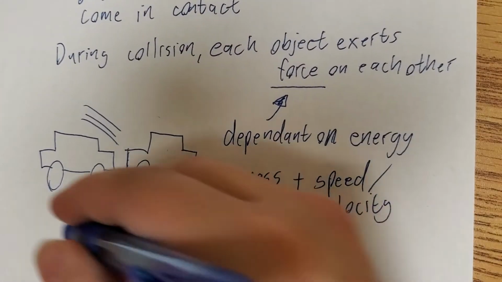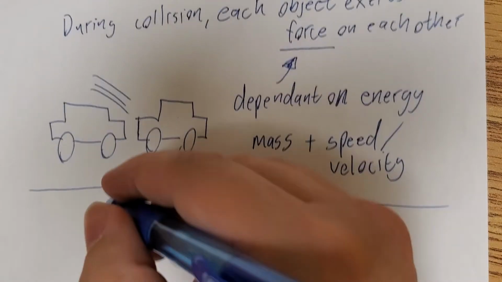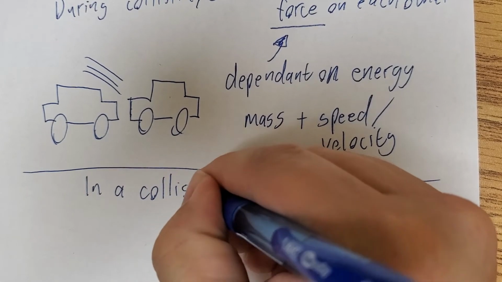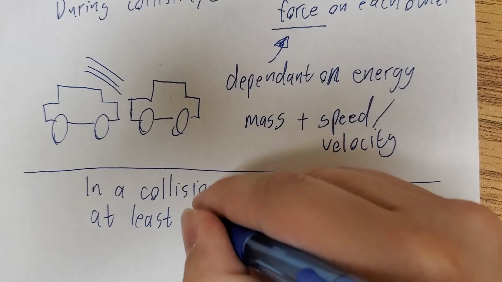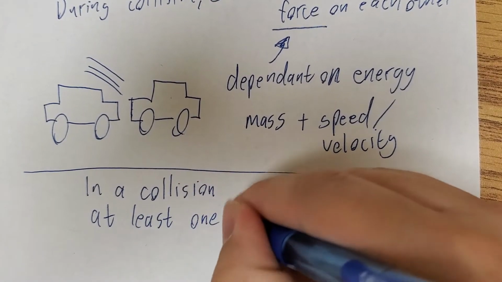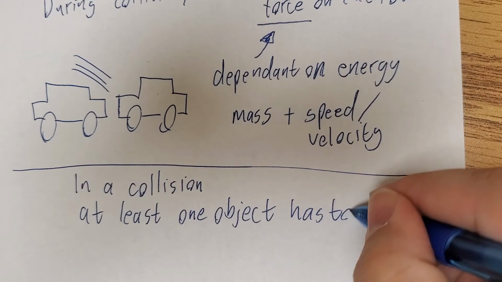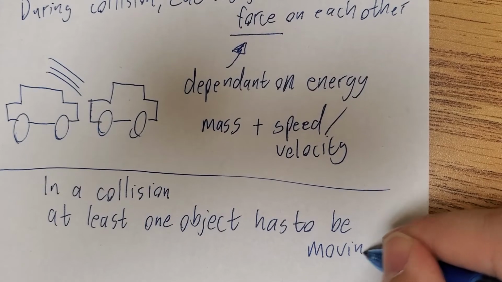Okay, so one thing that we have to consider is in a collision, at least one of the objects has to be moving. And that makes sense, right?